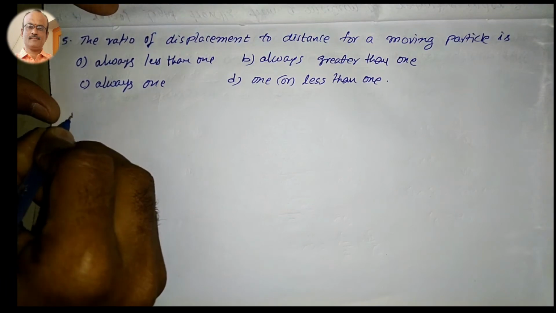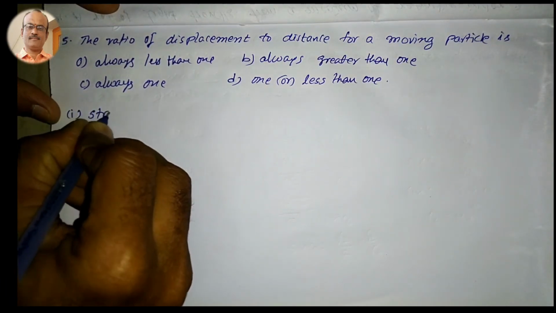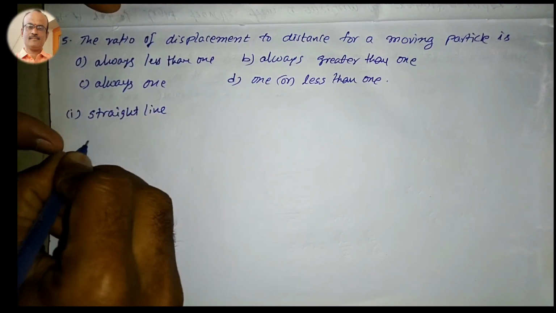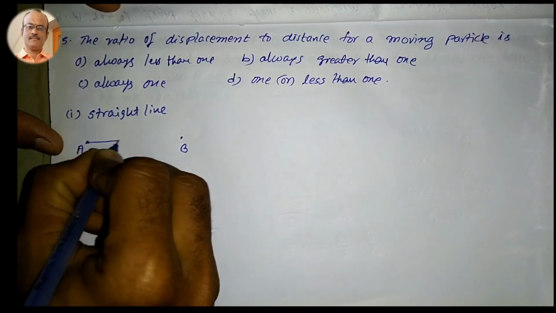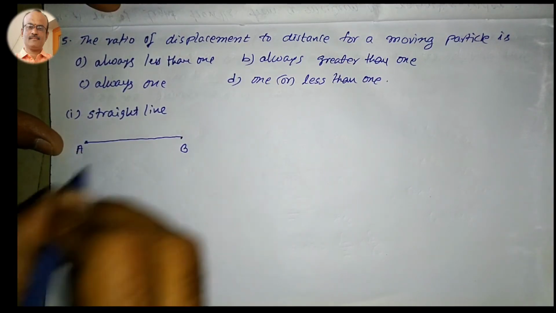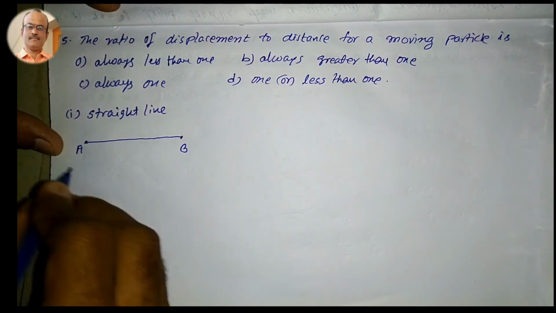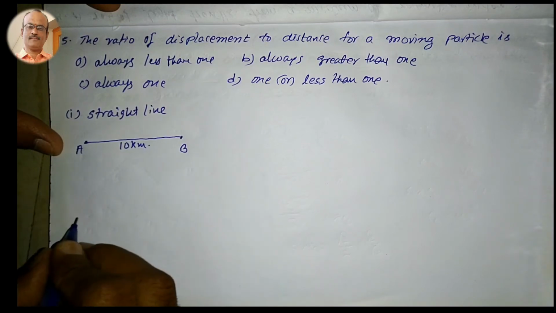First way, the body travels in a straight line. That means it is the initial point and it is the final point. Let us consider the body covers a 10 kilometer distance.